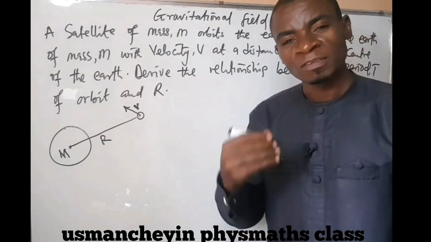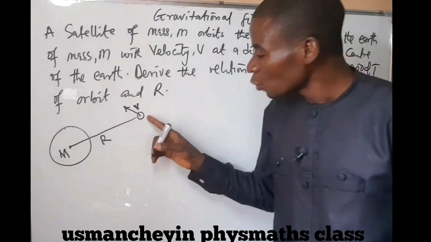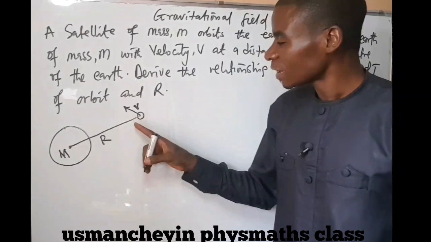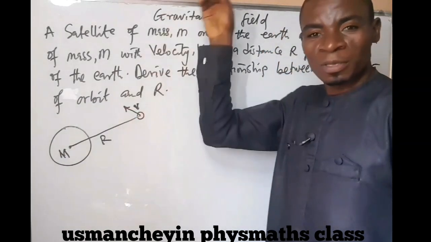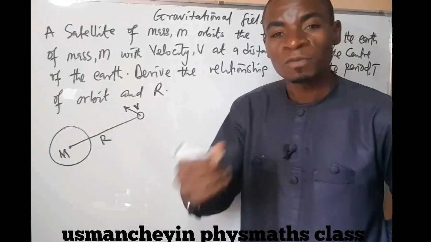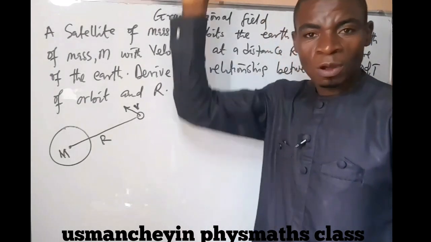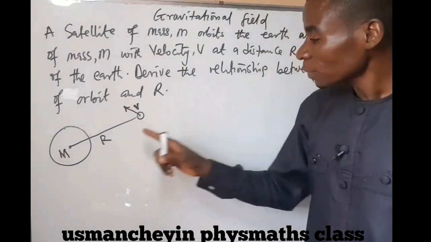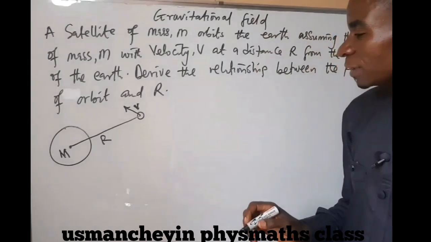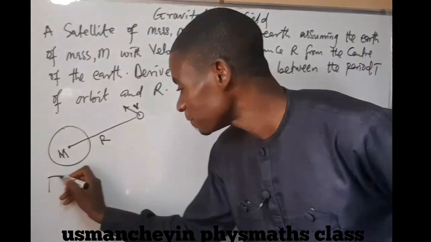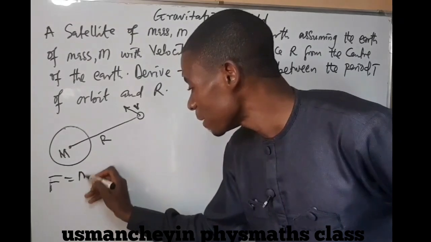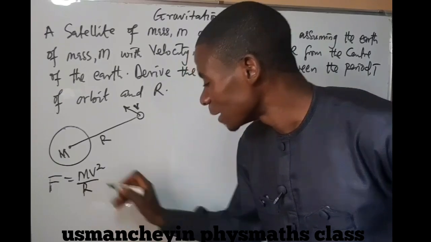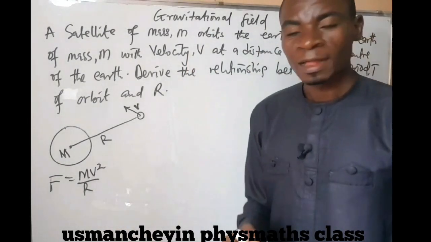A centripetal force is that force that tries to pull the satellite toward the center of the Earth, so that the satellite should not be able to move away, or in the process of revolution, the satellite should not move out of the track path. Okay, so centripetal force is actually given by a particular formula: F is equal to mv square all over r, and this is a relationship for centripetal force.